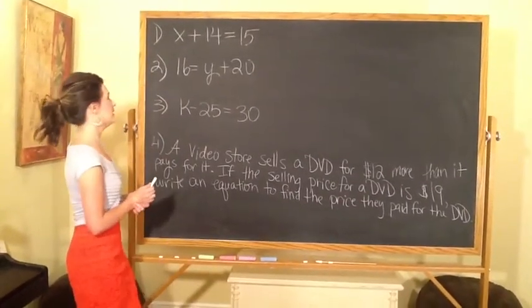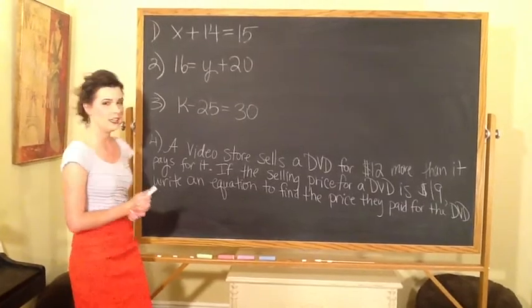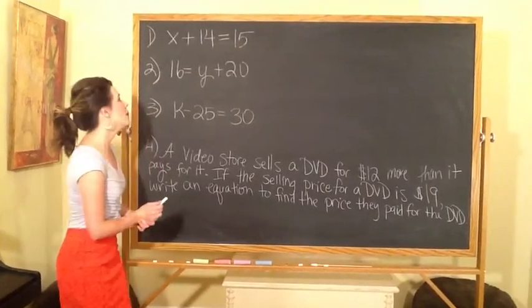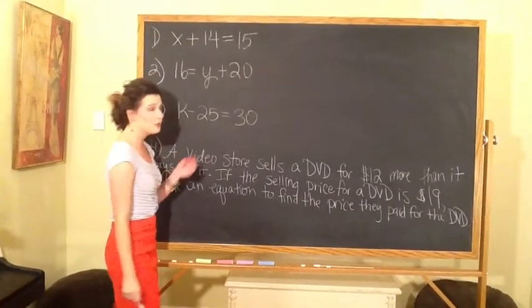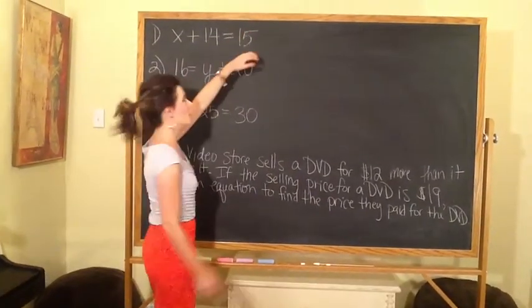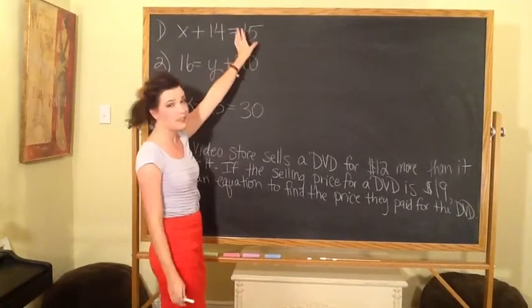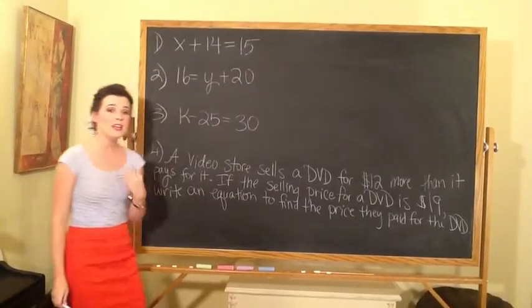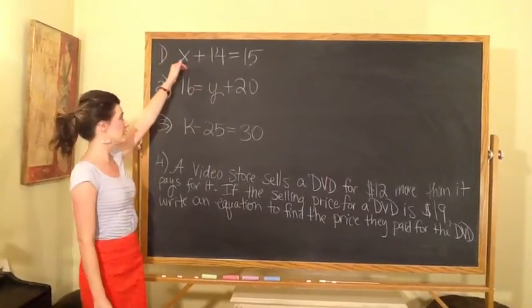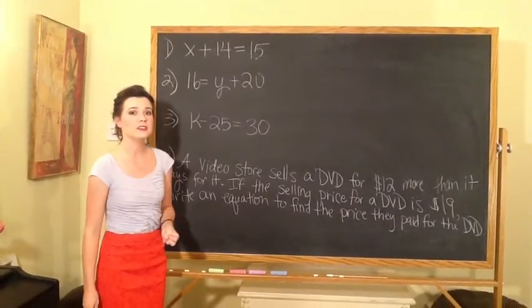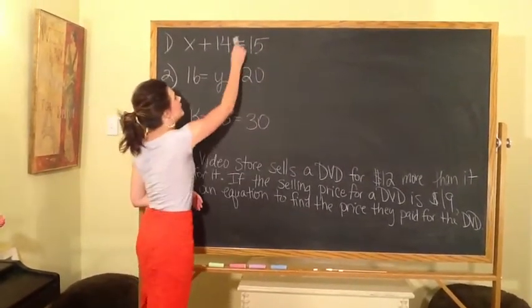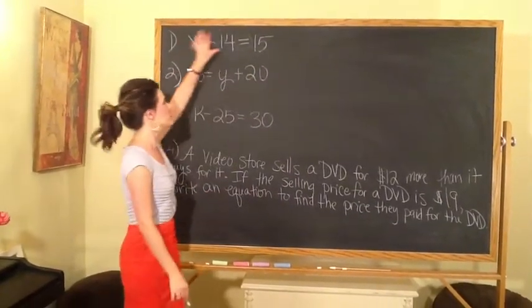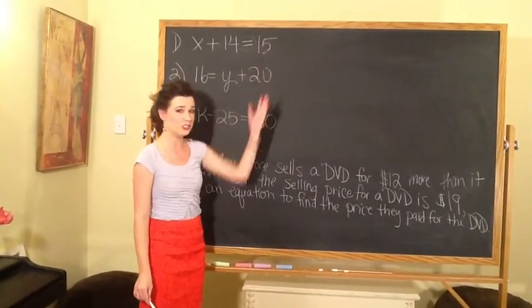Our first example is x plus 14 equals 15. Right now it is saying that x plus 14 is equal to 15. So this side is equal to 15 and this side is equal to 15. Now we need to solve for x, and I'm going to do this by using the subtraction property of equality. Since there's an equal sign here, both sides of the equation need to be equal to each other.